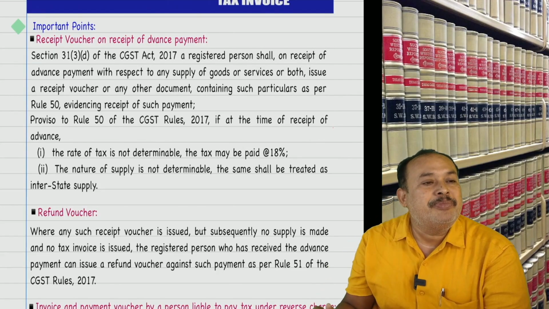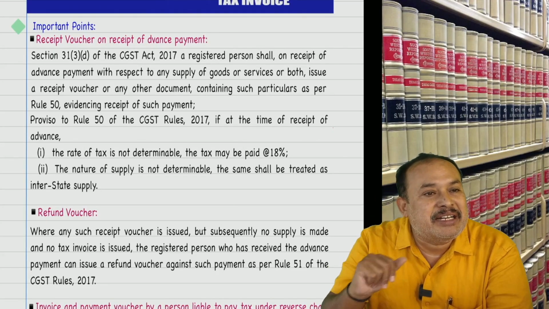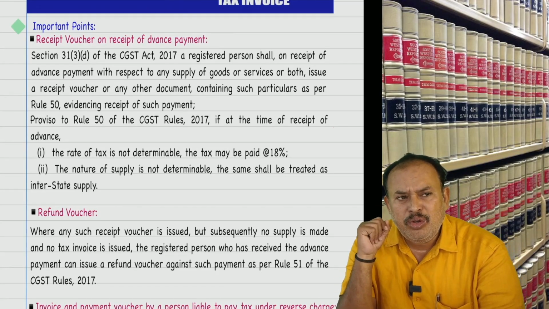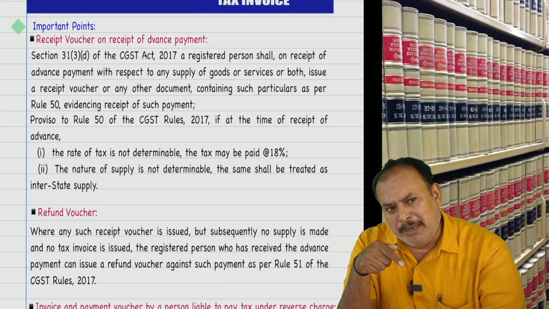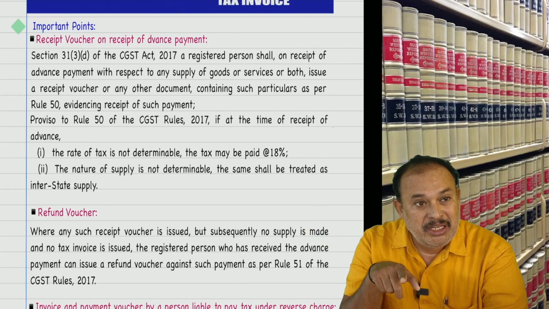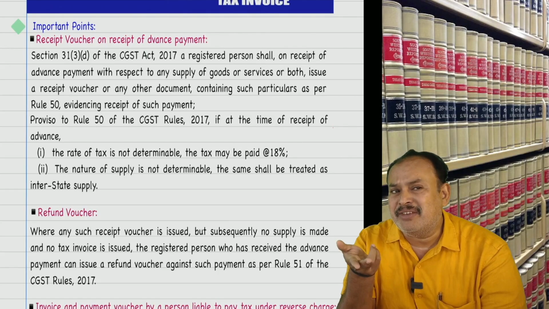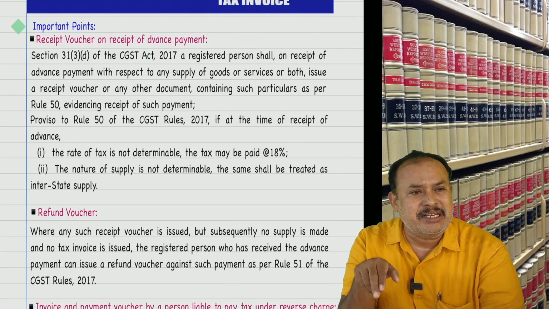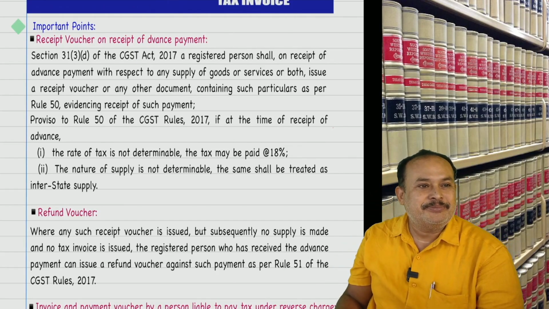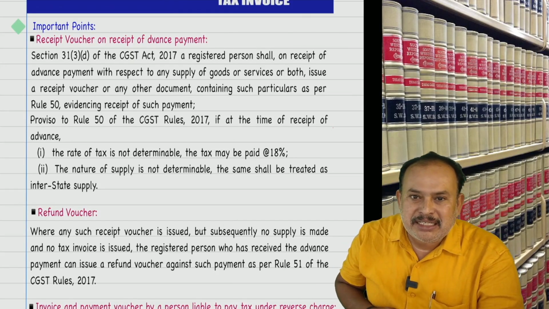No problem. They can ask for a refund, and the refund will be allowed. When you paid the advance payment, Bharatwaj issued you a receipt voucher. When you cancel the service before obtaining it, there is a refund voucher. For cancellation, refund voucher.